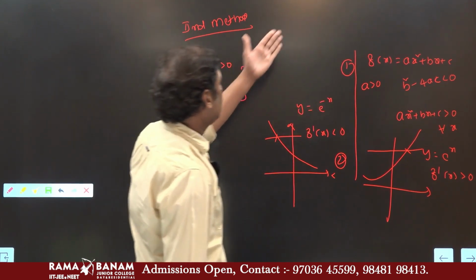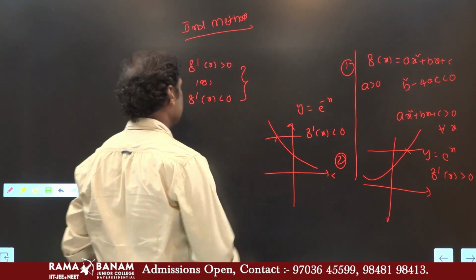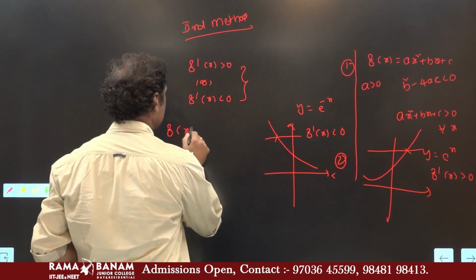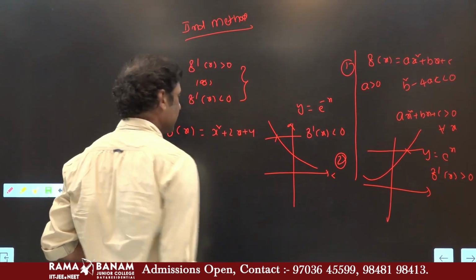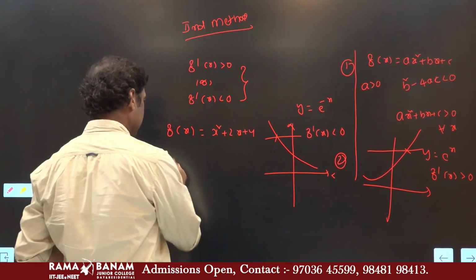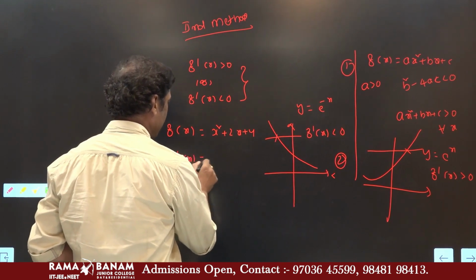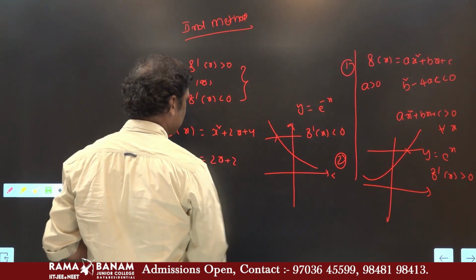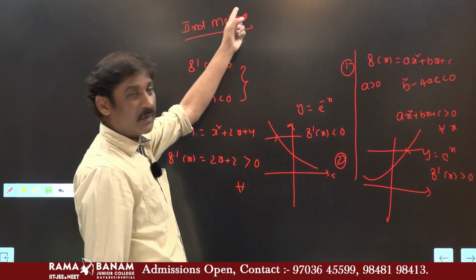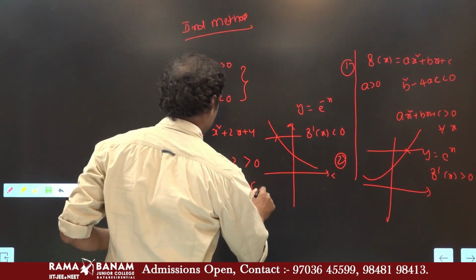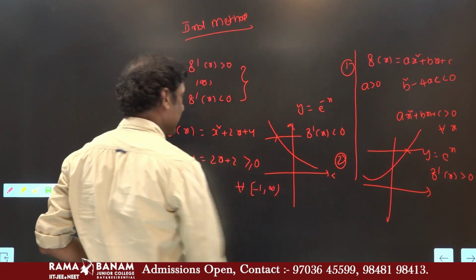Now you see, we differentiate the given function f of x equal to x square plus 2x plus 4 with respect to x. Then f dash of x is equal to 2x plus 2, which we can clearly say is always greater than or equal to 0 for the domain -1 to infinity.